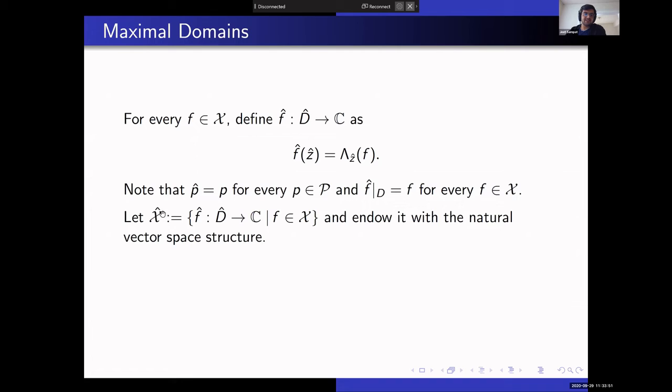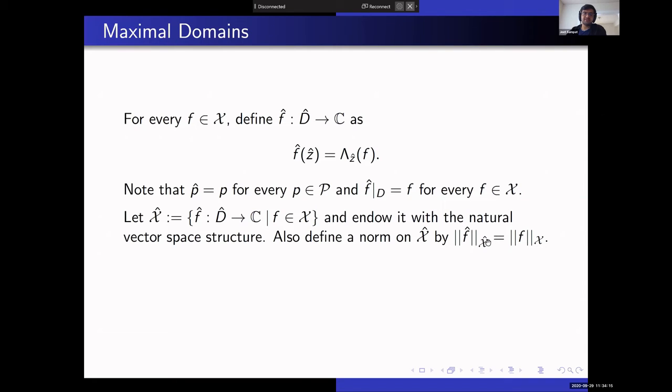Then I'll define X hat to be the following space of functions f hat, and I can endow it with the natural vector space structure. Scalar multiplication and taking linear sums is fine under this operation. And naively, I can also define a norm on f hat to be just the same as the norm of f.